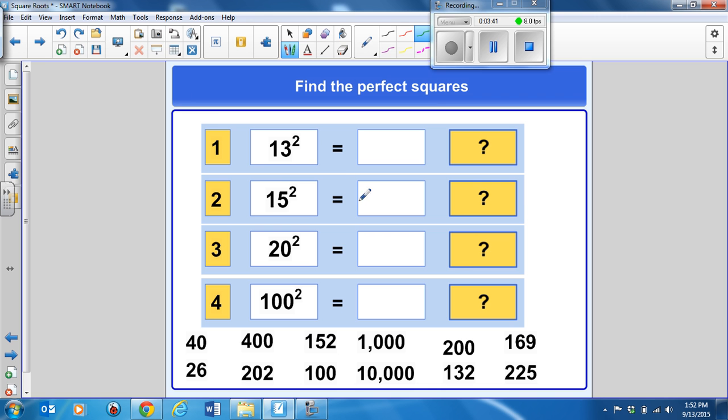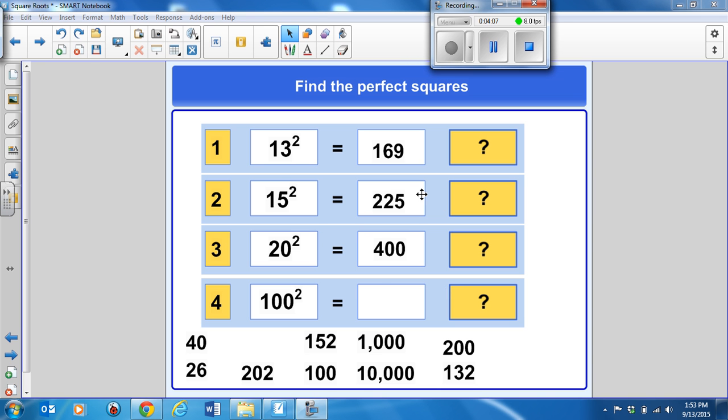Okay, so 13 squared is 169. 15 squared is 225. 20 squared is 400. And 100 times 100 is 10,000.